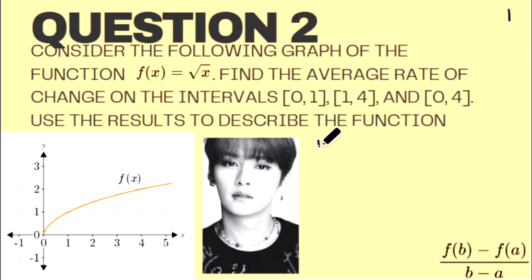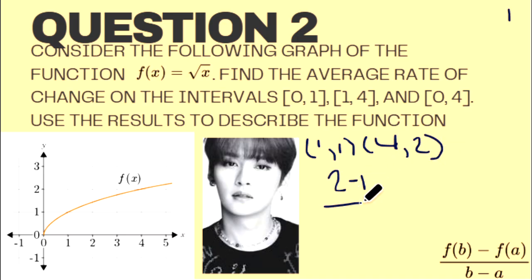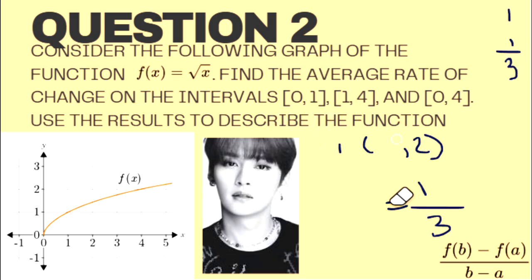So when x equals 1, y also equals 1. When x equals 4, y equals 2. So that gives us 2 minus 1 over 4 minus 1, which gives us 1 over 3. So our next rate of increase is 1/3, and it is increasing. It's positive. And then our last one is 0 and 4.